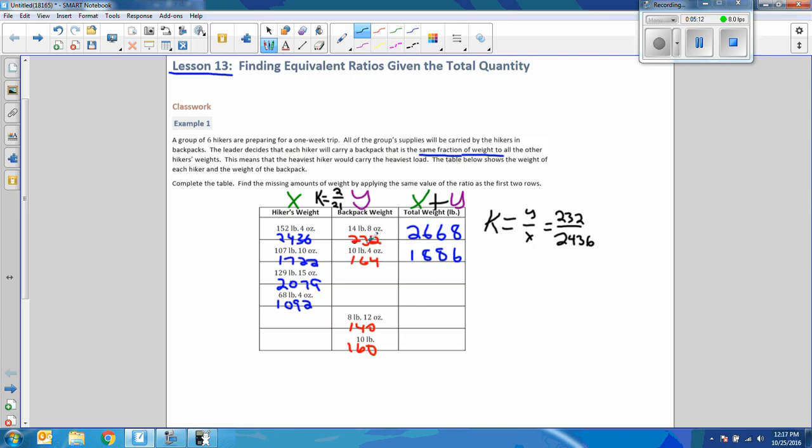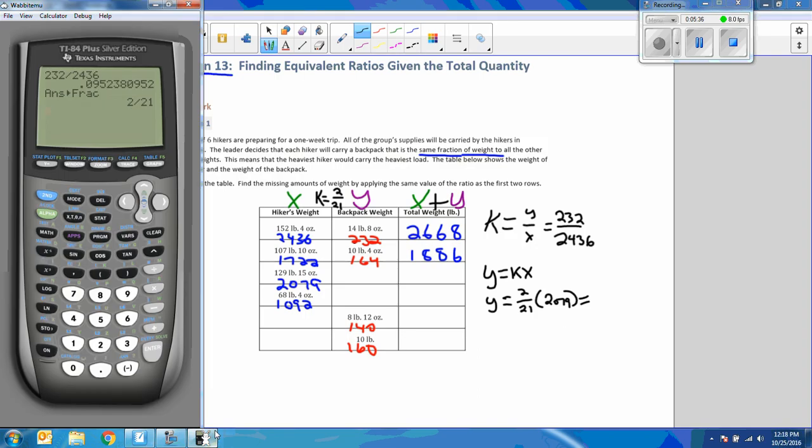All right? So if we have the equation y equals kx, and we are trying to find y, right here, these are blank, those are y's, and I know it equals 2 over 21 times my x, which is 2,079. So now I'm going to do that on my calculator.